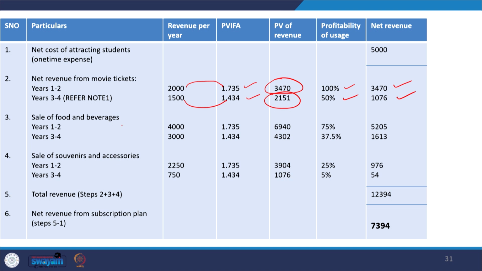On food and beverages, the revenue per year is 4,000 for first and second, and for third and fourth year 3,000, right. So, with 1.735 and 1.434, this multiplication gives us these two values, but in this case we said 75%, right, only 75% of people will go for food and beverages.